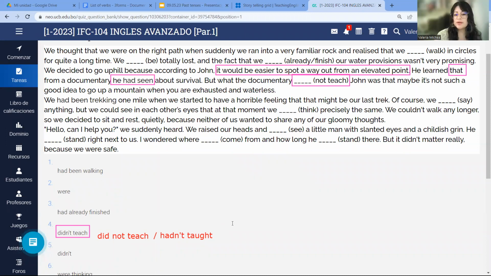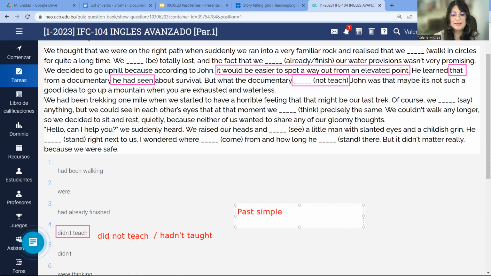Are you talking about the past simple? The form of the verb after the auxiliary verb. Yes, the auxiliary verb is in the past, and the verb after that is in the present, "teach." So can we use this verb in the past?